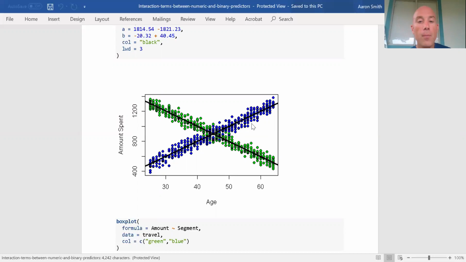That's it. Okay, so if I just look at the blue, remember all the blue have the same level of the categorical predictor, and all the green have the other level of the categorical predictor variable. If I look along here, that looks like a line, right? And that looks like a line. Now this is a pretty extreme case.